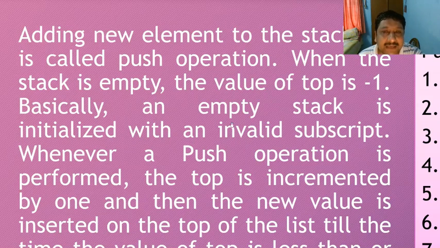Because basically an empty stack is initialized with an invalid subscript. Subscript means index number. As we have learned, in a list the index number starts from 0 and goes in positive direction, 0, 1, 2, 3, 4 like this. So -1 is the invalid subscript we take for the value of top of an empty stack.